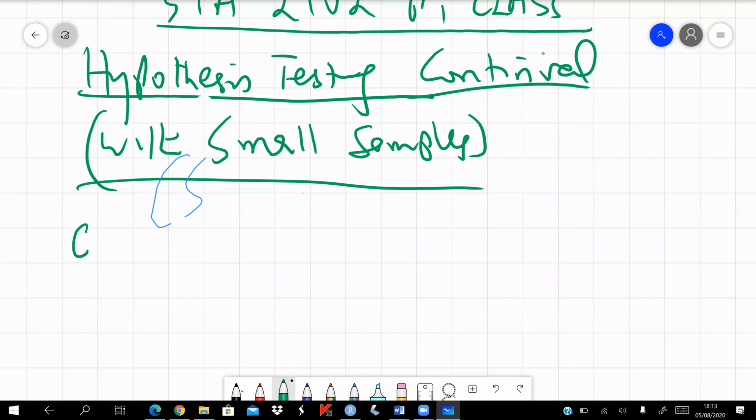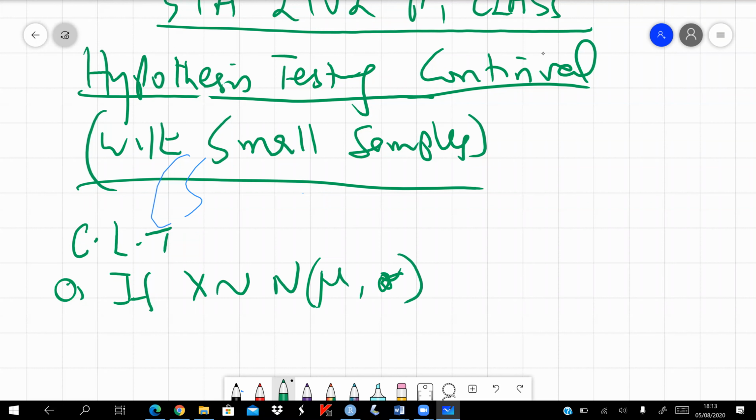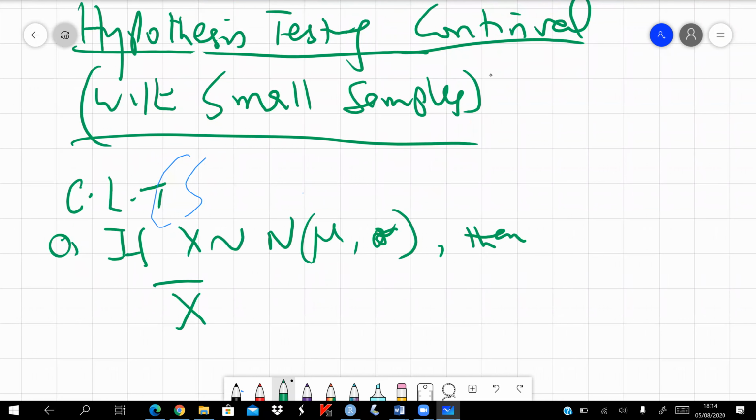One, we said that if X has a normal distribution with mean equal to mu and standard deviation equal to sigma, then X bar, the sampling distribution of X bar, has a normal distribution with mean mu and a standard deviation, which is technically called the standard error, equal to that.